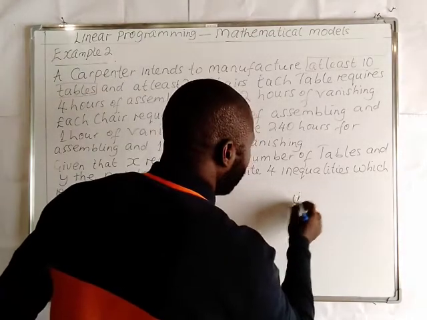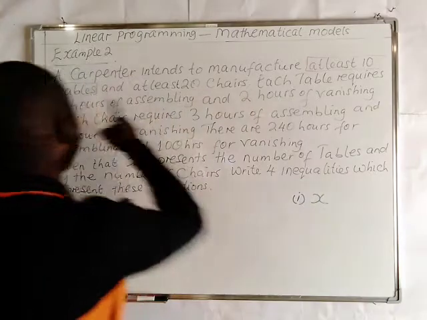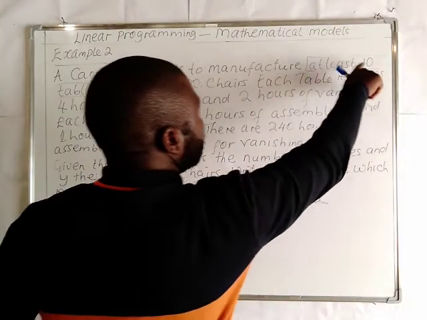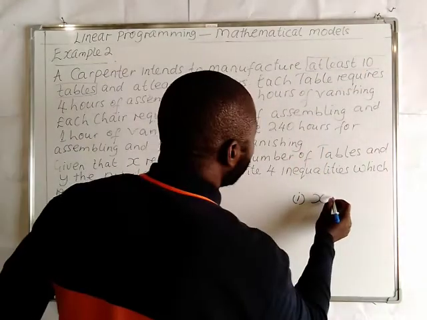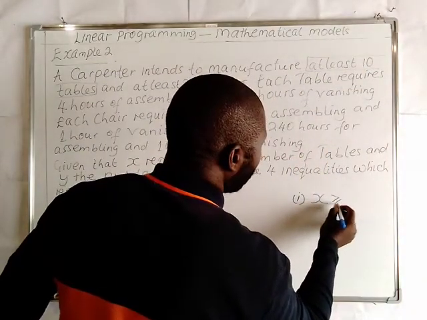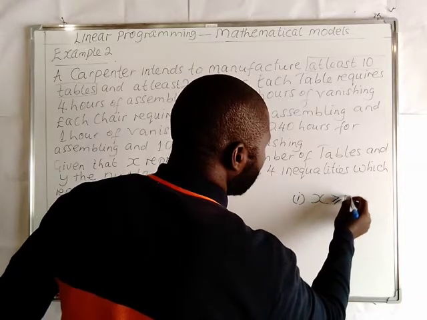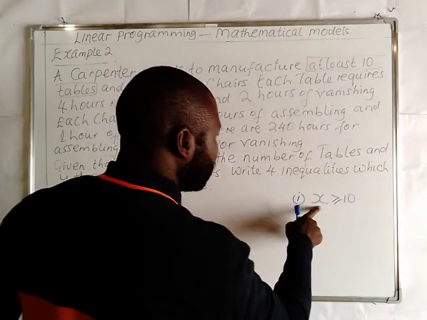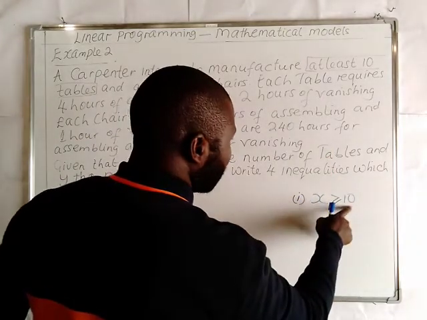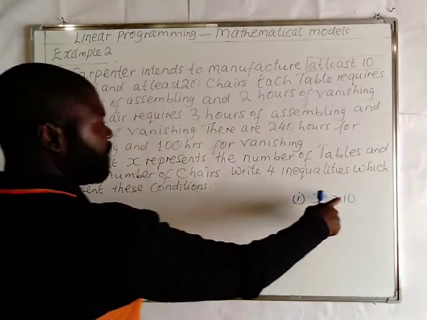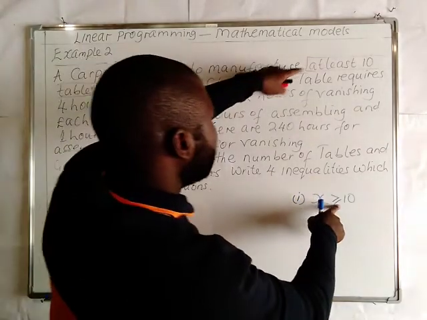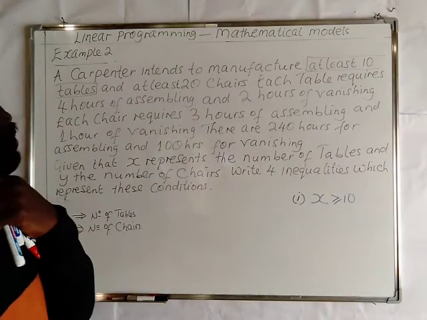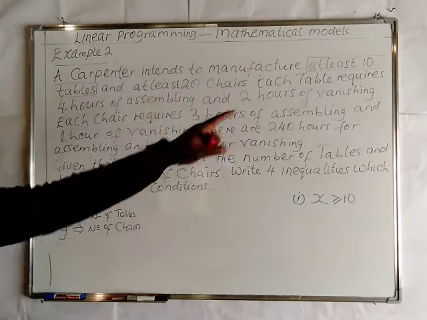Tables are represented by X. So we have X, at least 10. At least means greater than or equal to 10. So X is greater than or equal to 10. That's our first inequality, at least 10 tables.